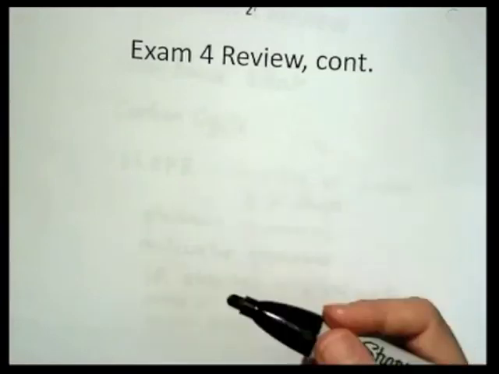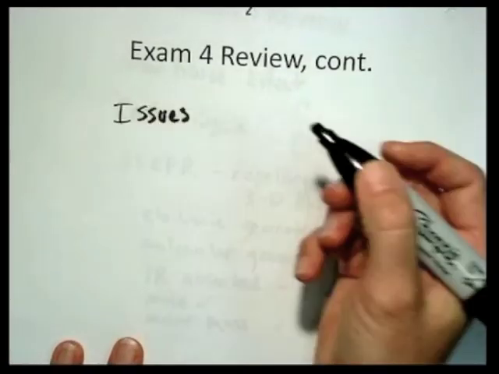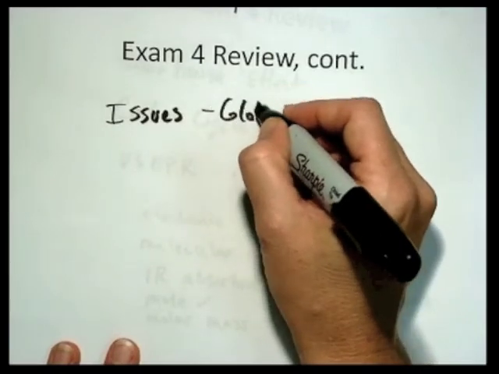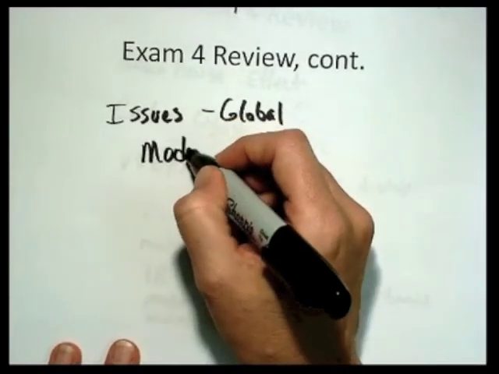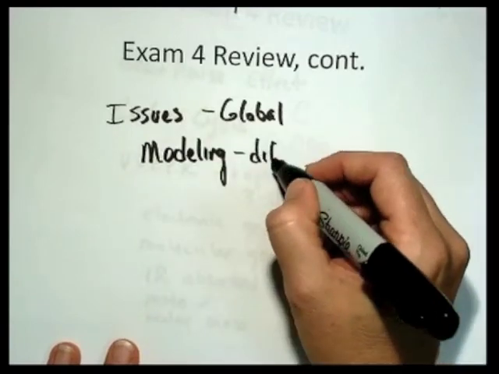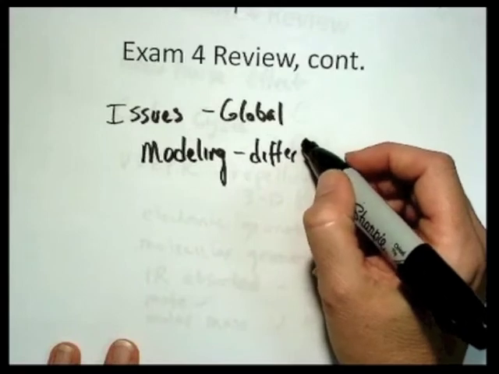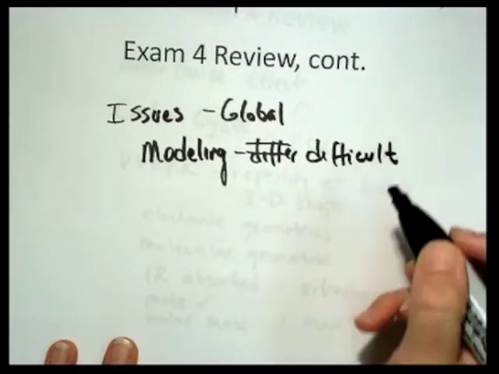Then the issues. You should also be familiar with the issues of global warming. You should try to understand this concept of modeling and why it's difficult to model when you have so many variables.